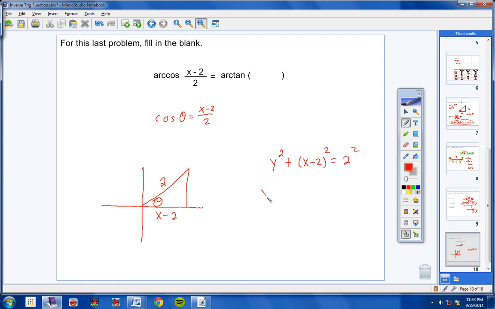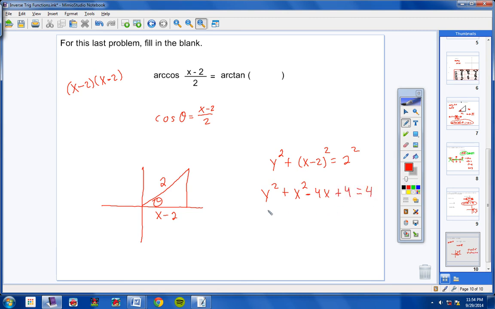Now hopefully you remember from algebra 2, x minus 2 squared is not x squared plus 4. X minus 2 squared really means x minus 2 times x minus 2, okay? Which would be x squared minus 4x plus 4 equals 4.